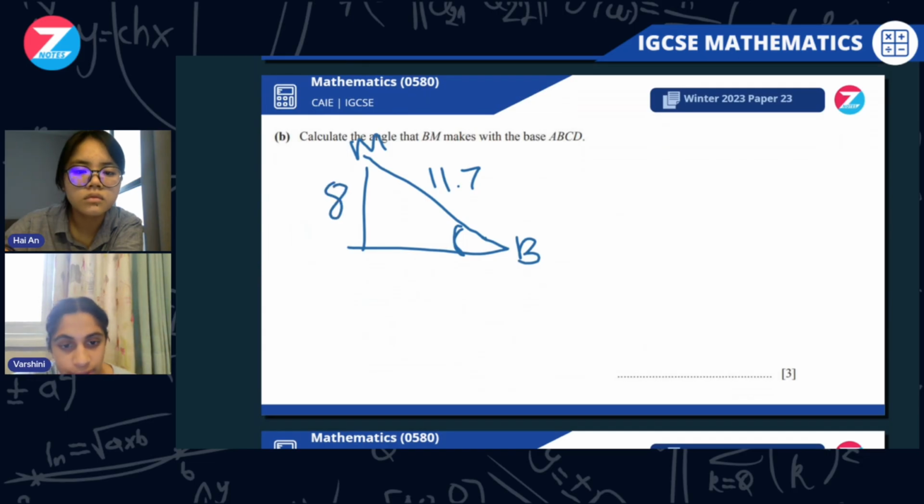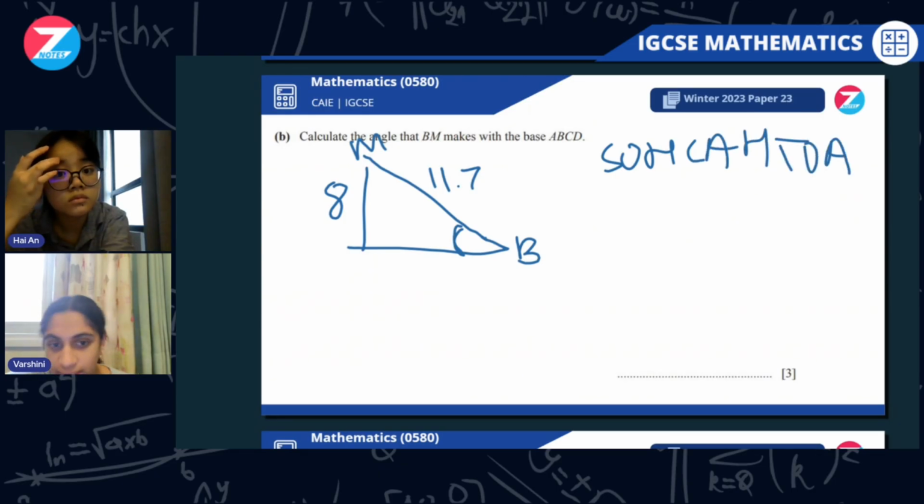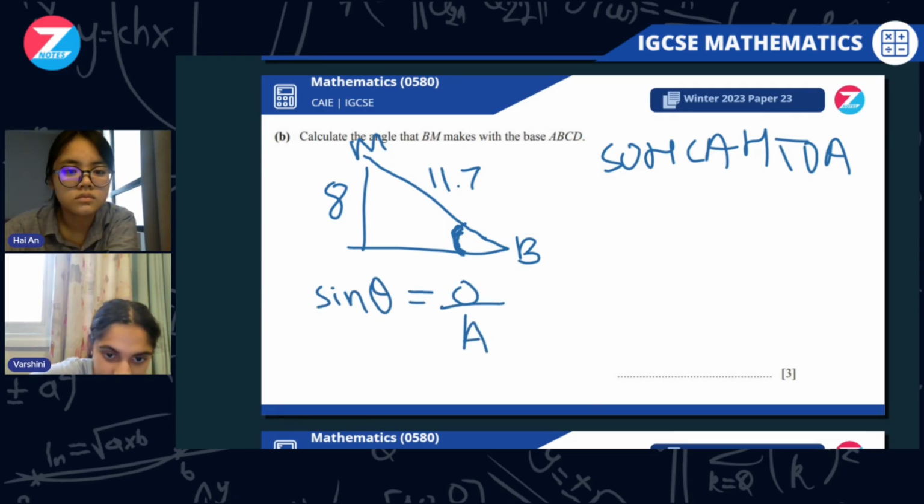Now we can use sine theta because for all right angle triangles, SOHCAHTOA, sine theta equals opposite over hypotenuse.